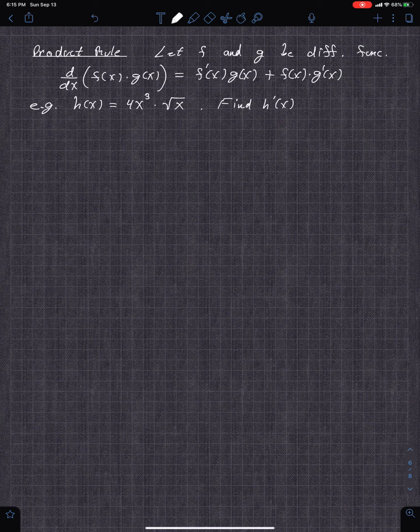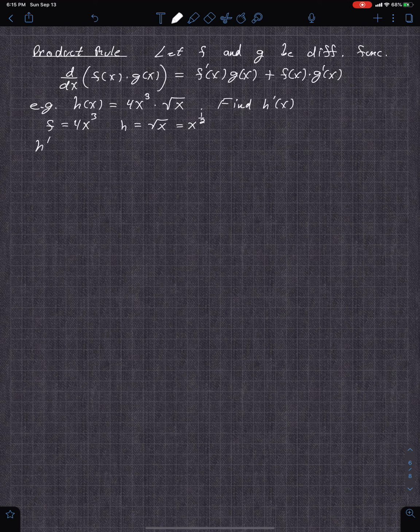Now, there's actually a couple ways of doing this. You could actually combine that one, but let's just not for now. So it's like having f as 4x cubed and g as the square root of x, or we could write that as x to the 1/2. Now, I want to make it clear, you could combine those because it's the same base, add those exponents. But let's just do it like this instead.